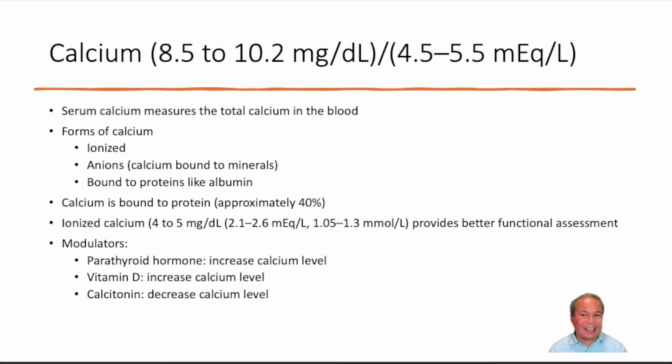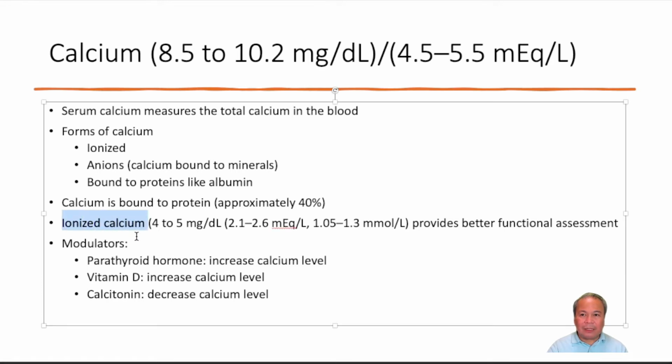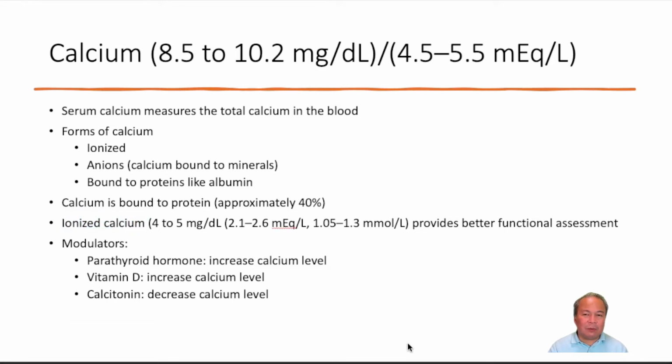I want to emphasize that they are bound to protein. So this particular bullet point here is what really makes sense when you look at calcium level. It's better to look at the ionized calcium because it can provide us with a better functional assessment of the levels of calcium in the body.